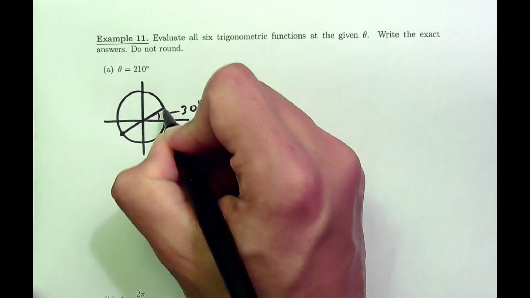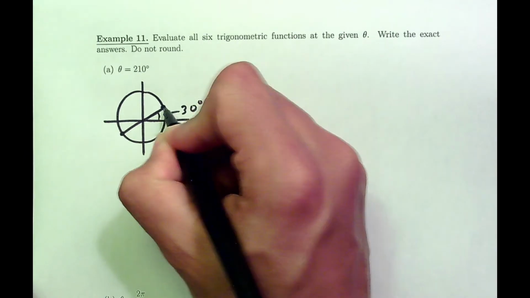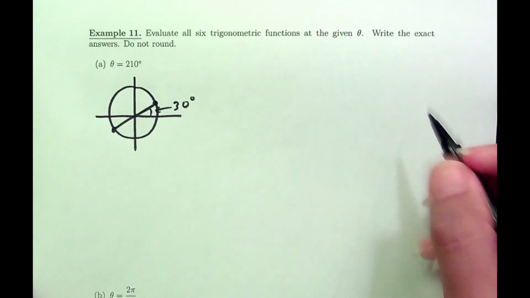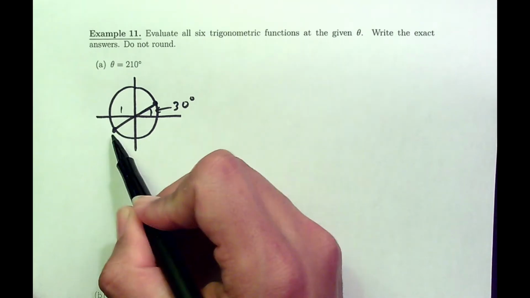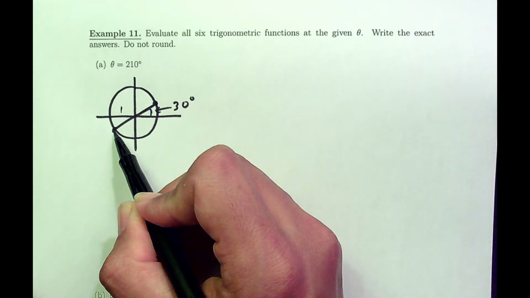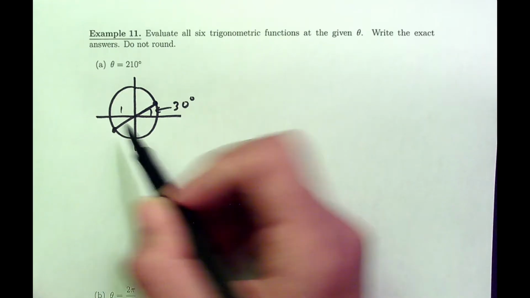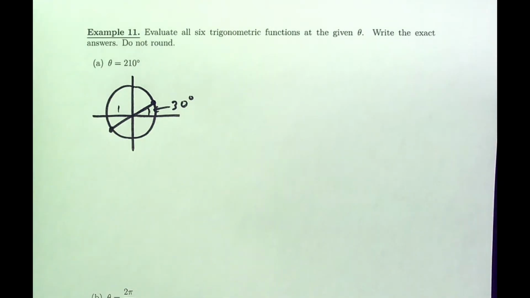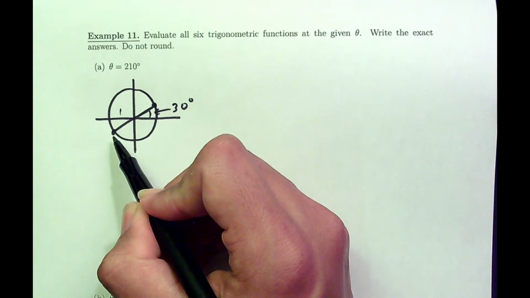Okay. So once you have your picture, we want to figure out what the coordinates of this point are, because if we know the coordinates of that, we know the cosine and the sine of the angle. The cosine is the x-coordinate and the sine is the y-coordinate.